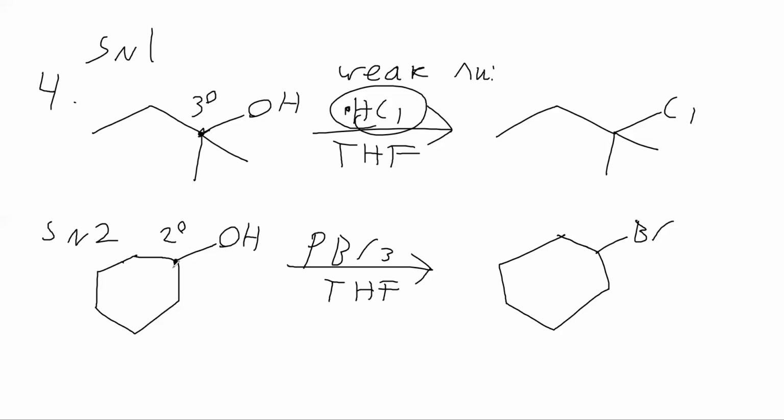That's in the lecture notes for your class somewhere, so you can look for that. But this with PBr3 or SOCl2 is SN2. And SN2 doesn't work with a tertiary position. That's why you wouldn't use this on a tertiary position, but you can use it with secondary and primary.